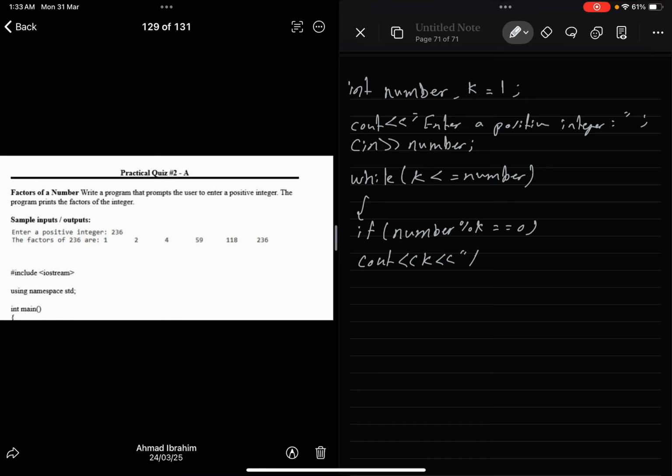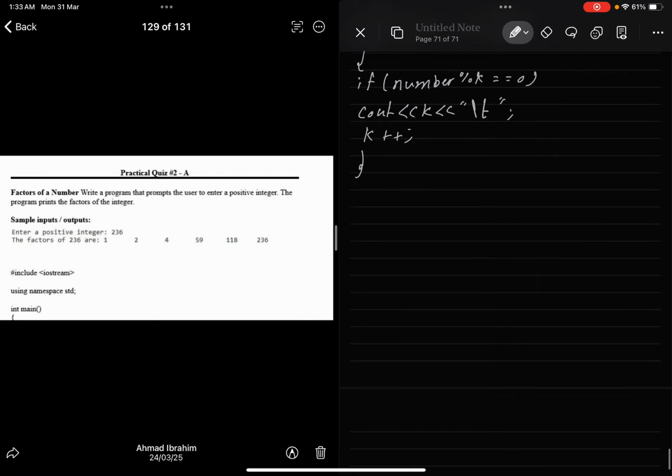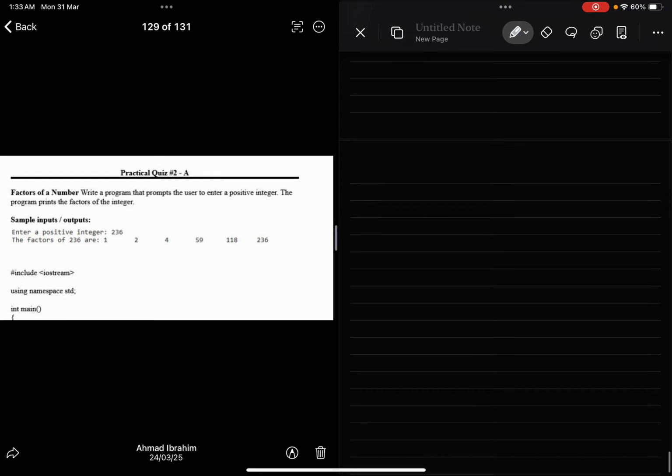Here to make k plus plus, close the bracket, cout endl to make space, and return 0 and close the bracket.